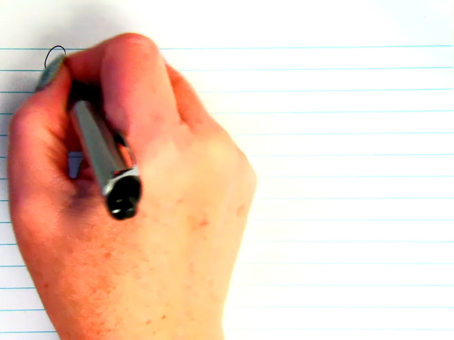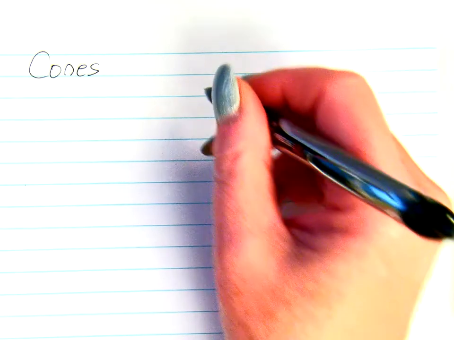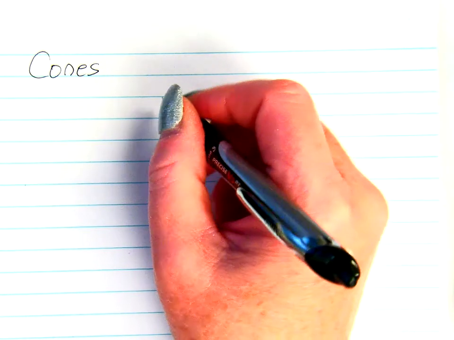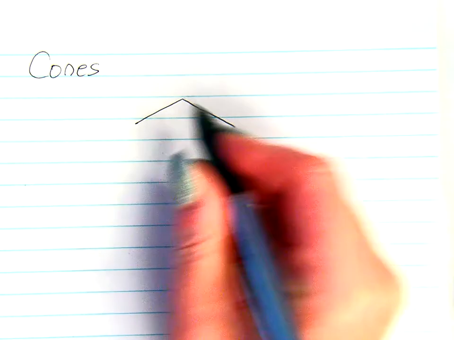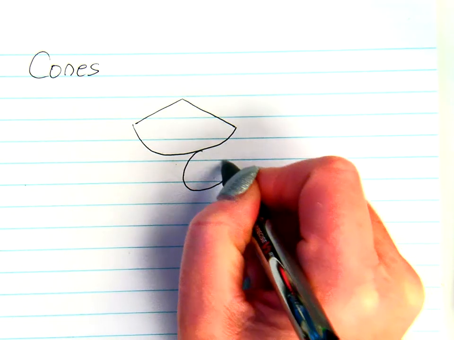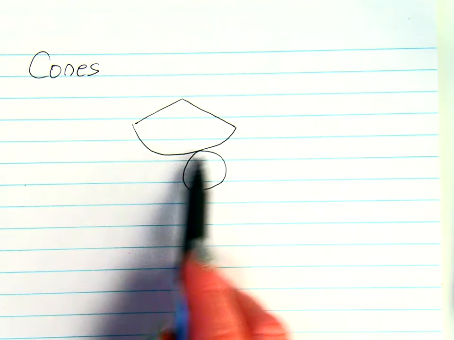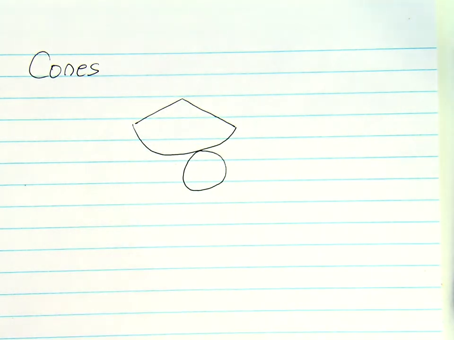So now let's look at our cone. Our cones are really pretty strange because their nets are all sorts of different. When you have a cone, you typically have a net that is going to look somewhat like this, and then you have a circle, because this area has got to go around the circle, and then this has got to make a point.